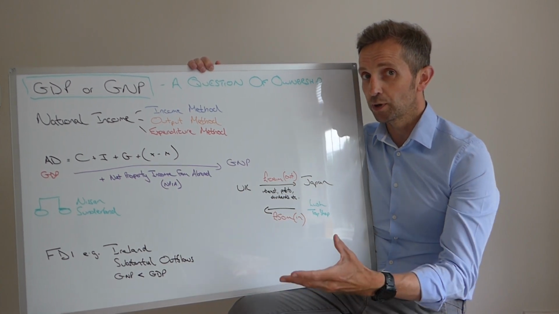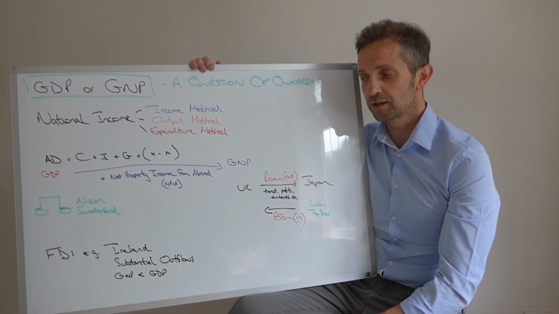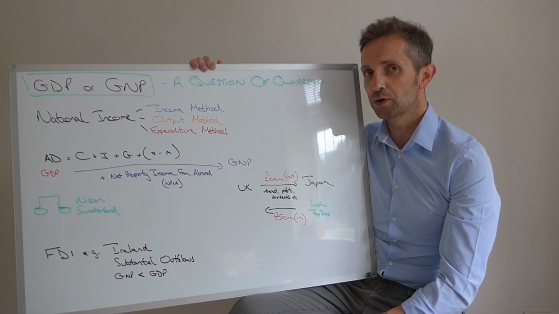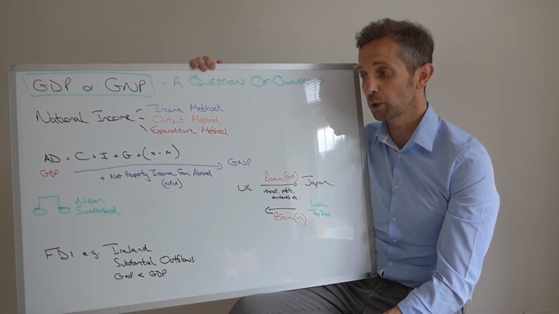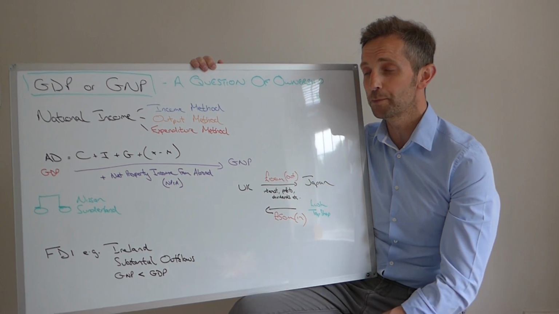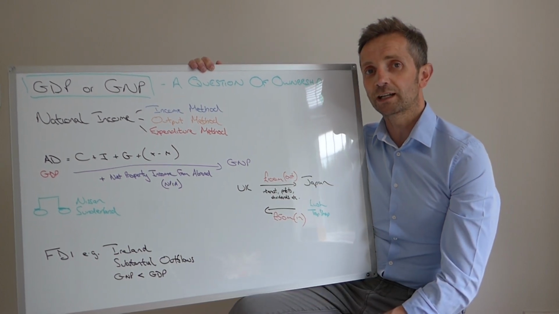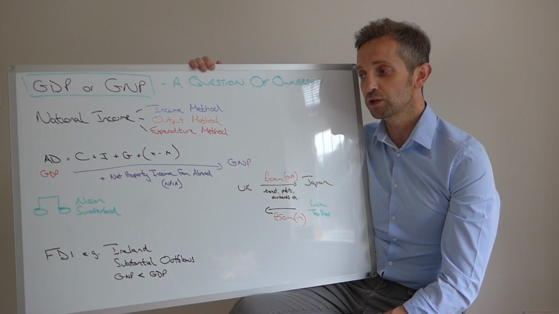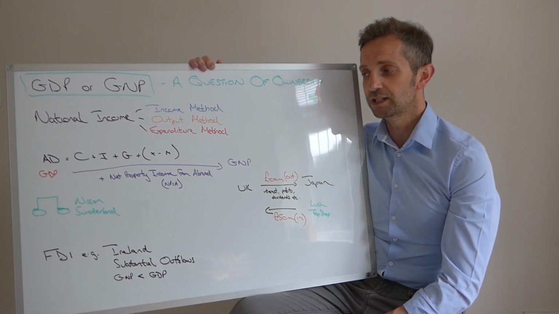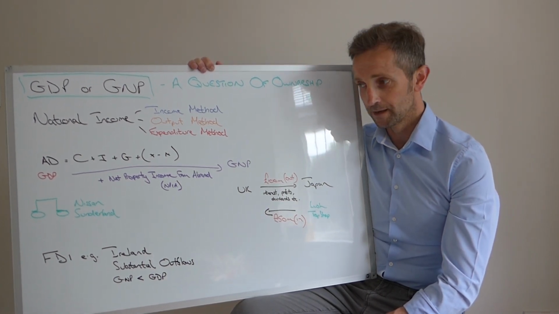And the output, although it's closed at the moment during lockdown, the output of Nissan Sunderland, which is of course a Japanese company, would be included in the value of the UK's gross domestic product.